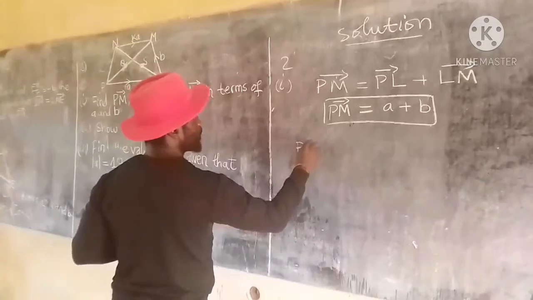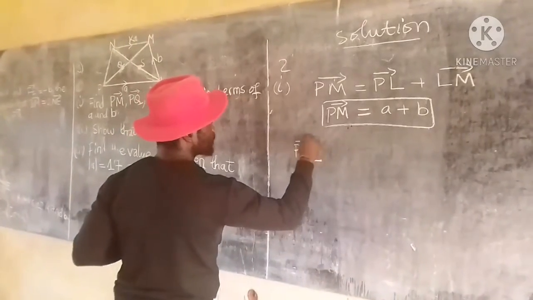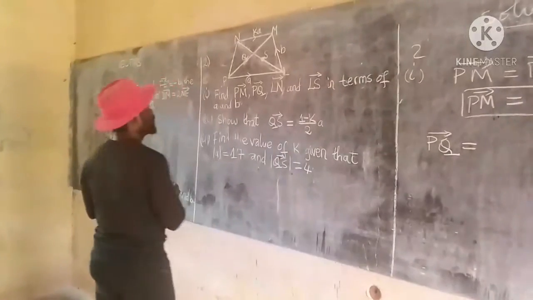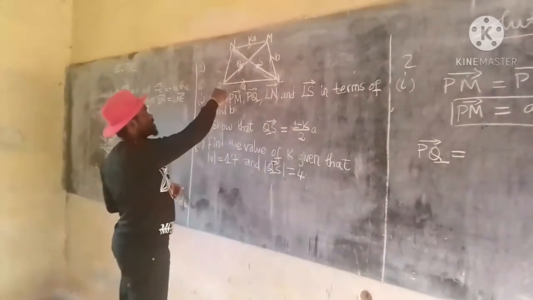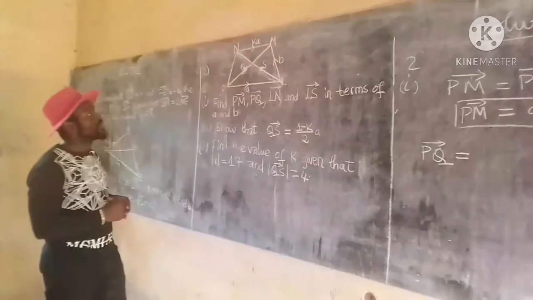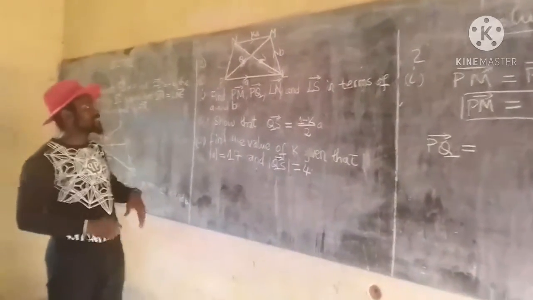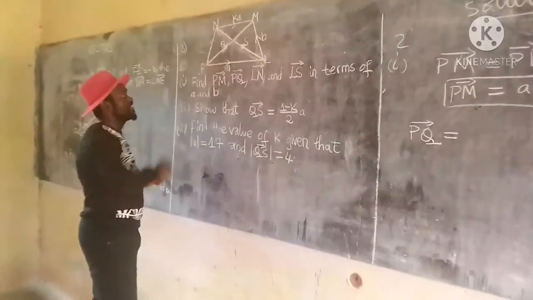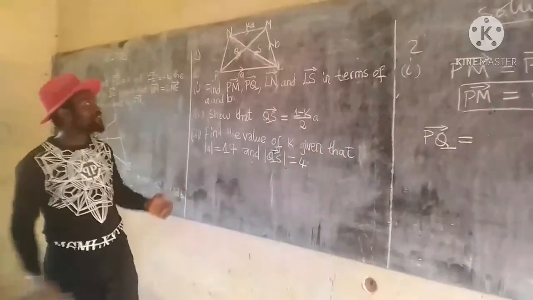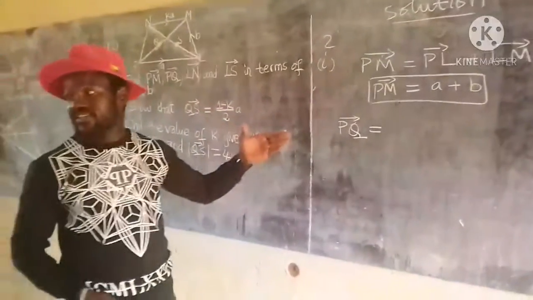We have PQ equal to. Let's look at the location of PQ. This is PQ. Right? Now you discover that our PQ here is half of what? PM. This is very simple. We have got PM, right?